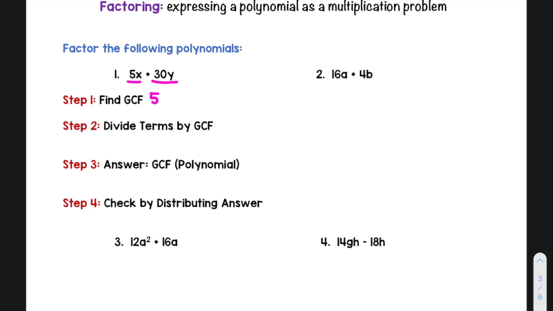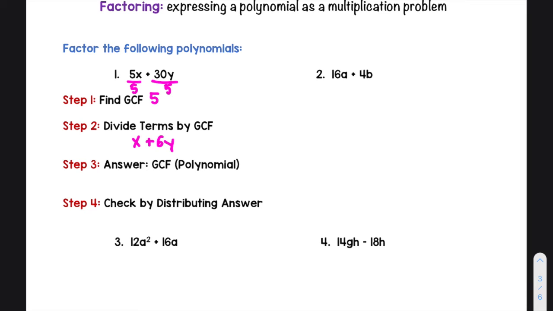Step 2 is to divide both of the terms by the GCF we found. So we're dividing both of the terms by 5. 5x divided by 5 is x, while 30y divided by 5 is 6y. Lastly, we're going to answer the problem. They're asking us to factor that polynomial or express it as a multiplication problem.